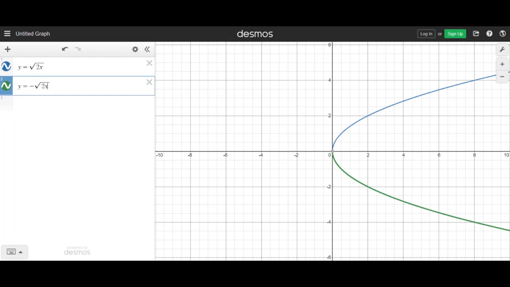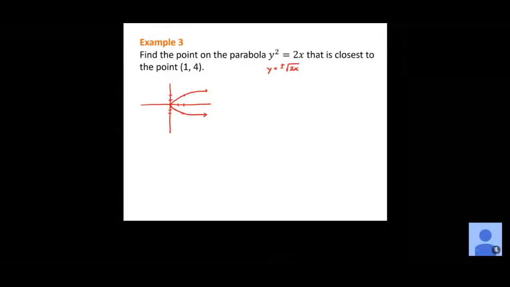I'm going to try to make sure I go through that point. All right. So there's our parabola. All right, so now that we know what the graph looks like, what can we do next?